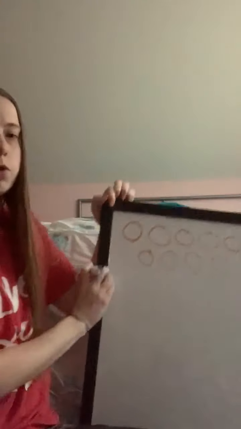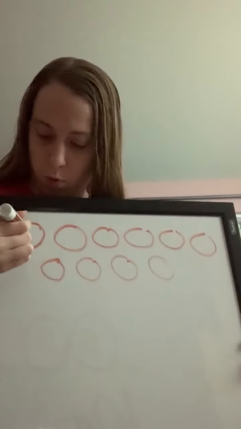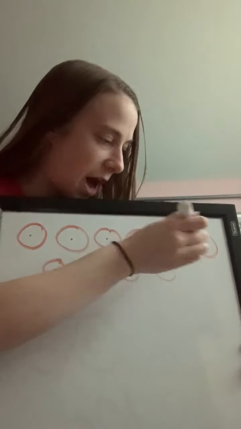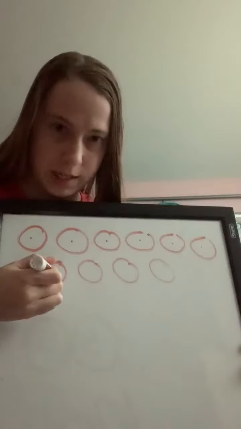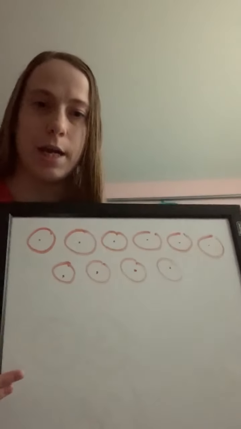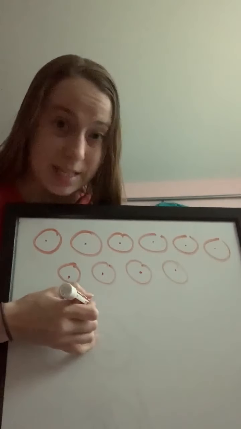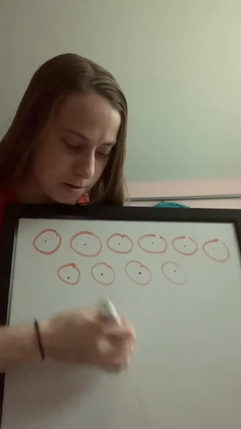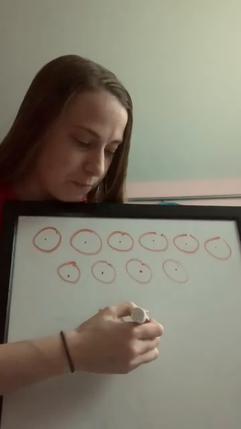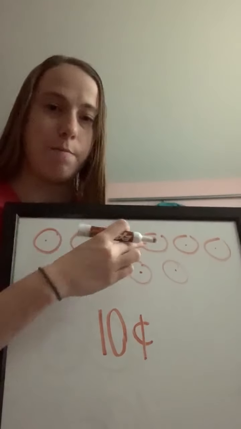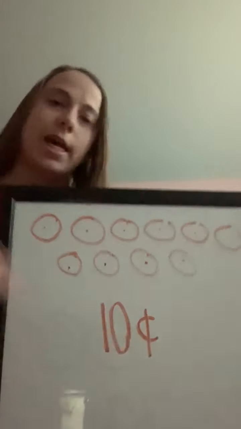Try to bring it a little closer so you can see. 1, 2, 3, 4, 5, 6, 7, 8, 9, 10. I have 10 pennies, which means I have 10 cents. So I'm going to write my 10. Then I need to write my cent sign, which is the C with the line through it. I have 10 pennies, which is 10 cents.